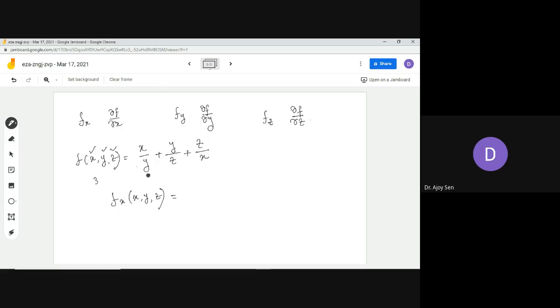That means this y, z, z. Whenever you see y, treat it as constant. Whenever you see z, treat z as constant. Only differentiate the x part. All the rules of a function of a single variable hold here.